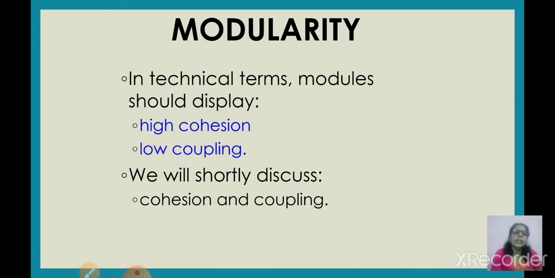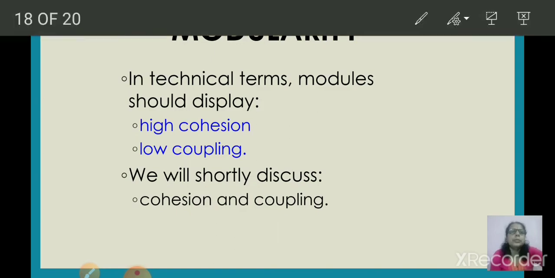These are characteristics of modules, meaning the relationship of modules among themselves, and they will be discussed in the next classes: what is cohesion, what is coupling, and what are the different types of cohesion and coupling. But in a good design, we require high cohesion and low coupling.